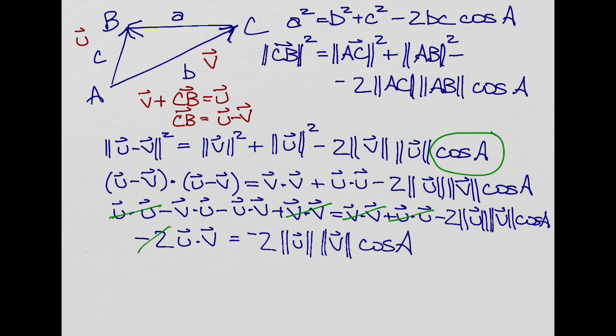Let's divide both sides of this by negative 2. Goal was to solve for cosine of a. There it is. One thing left to do, and that's divide.